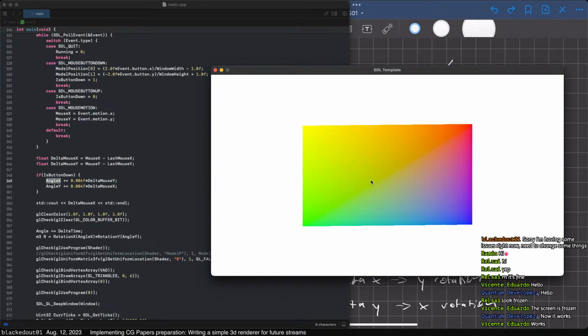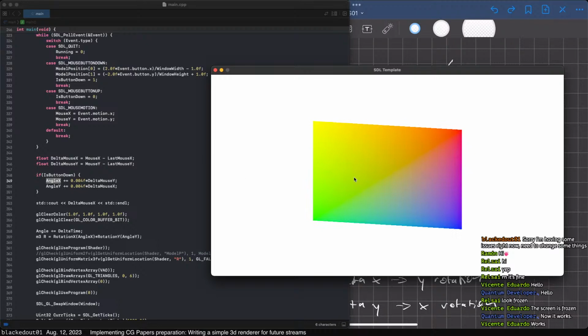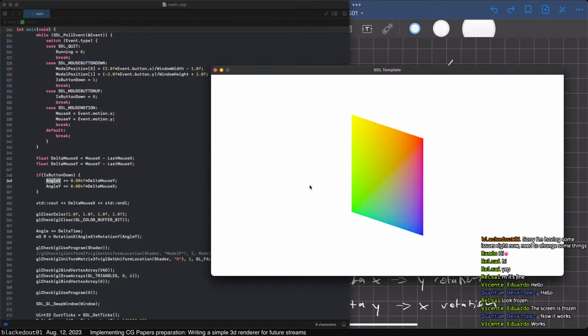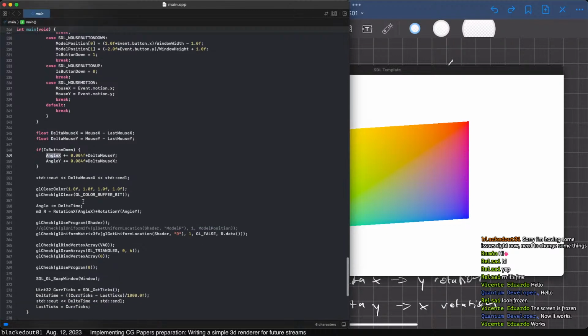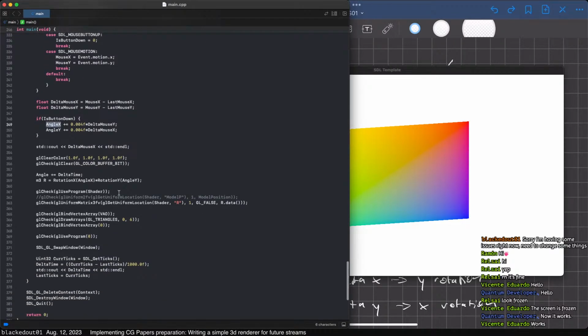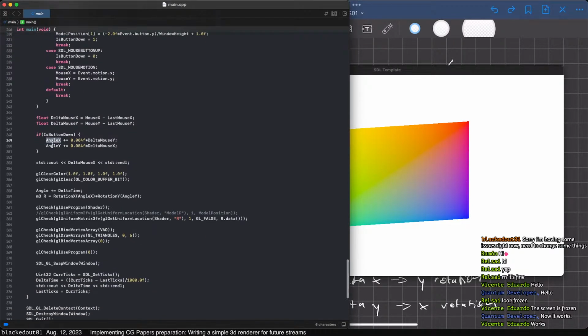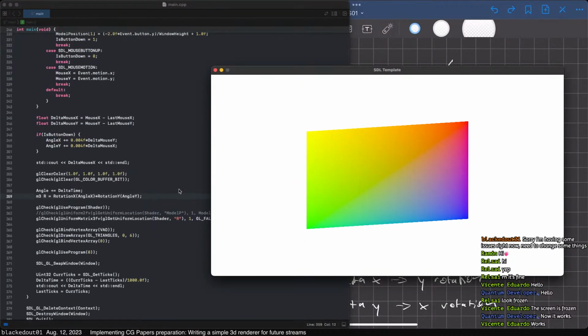When we move the mouse in the y direction, we rotate around the x-axis, that's why I increase the x angle. When moving in the x direction, we rotate around the y-axis. And then with these angles, we can create a rotation matrix for the rectangle.